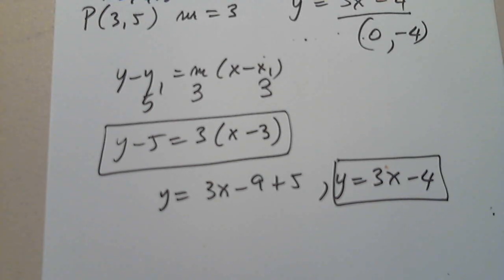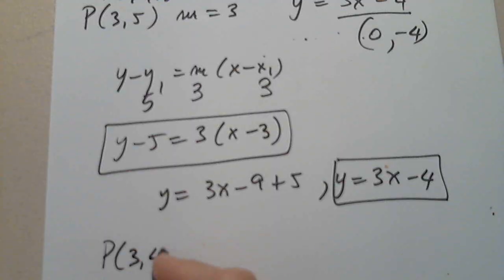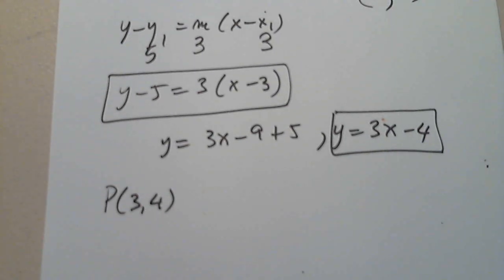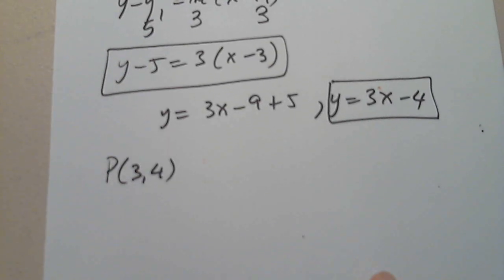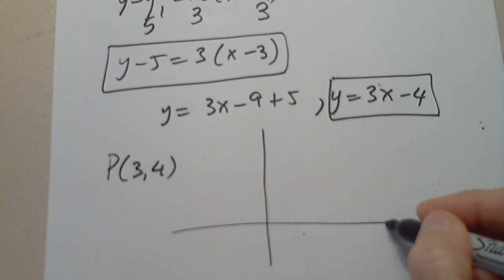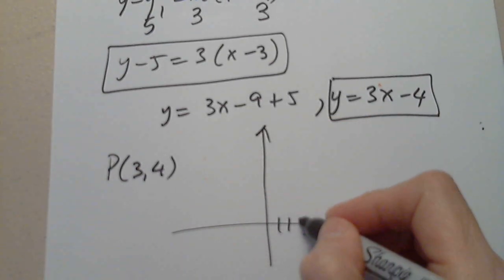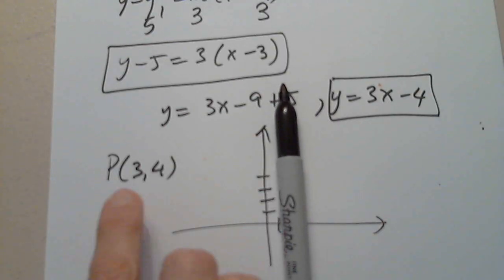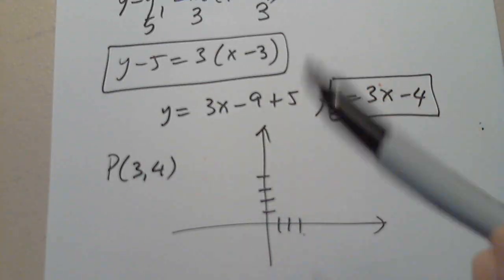Graph the line that contains the point 3, 4 and has an undefined slope. So I plot this point 3, 4: 1, 2, 3, and 1, 2, 3, 4. So at the intersection of x equals 3 and y equals 4.